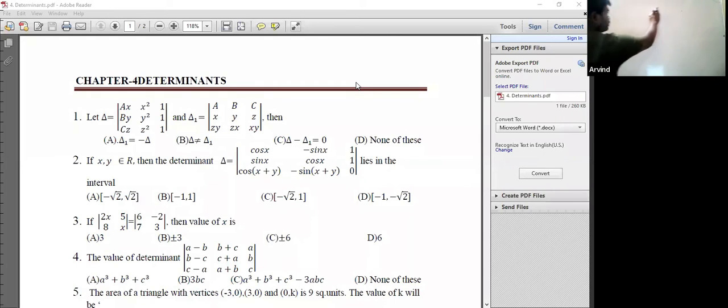So I'll write it. The first determinant is ax, x squared, 1; by, y squared, 1; cz, z squared, 1, and determinant 1 is equal to a, b, c; x, y, z; zy, zx and xy. Okay, so this is the question.